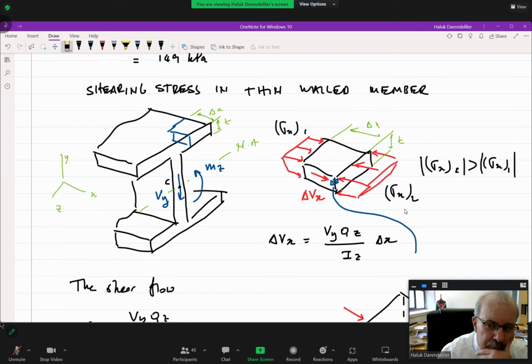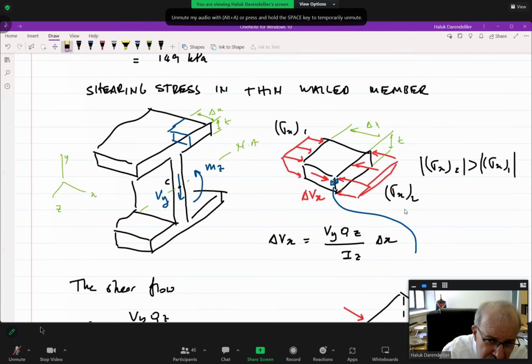Burası oldu mu? That's why Vx is in the positive x direction. At the bottom, bakın arkadaşlar, what's the direction of these normal stresses this time? Who's going to tell? Now, here there is compression. At the bottom, there is tension. So their directions are opposite. Sigma 2 now is in this direction. Okay.